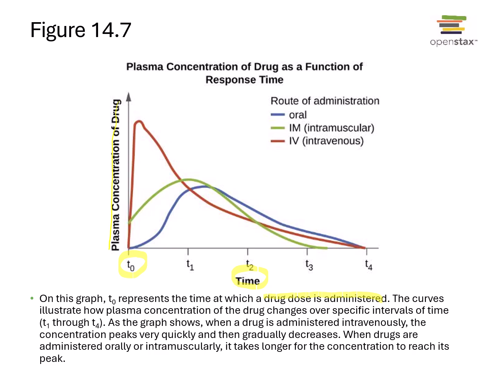So we can see that IV, the red line, achieves the highest plasma levels immediately, whereas the oral in blue and intramuscular in green, these routes rise more slowly but can still reach therapeutic ranges.